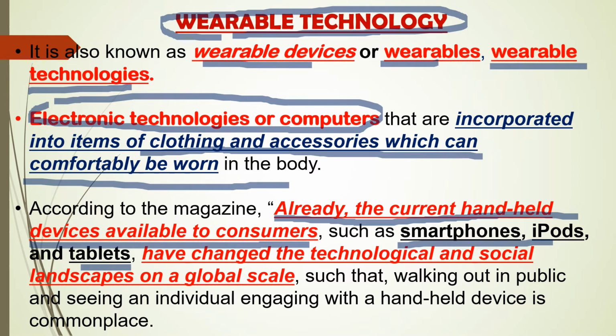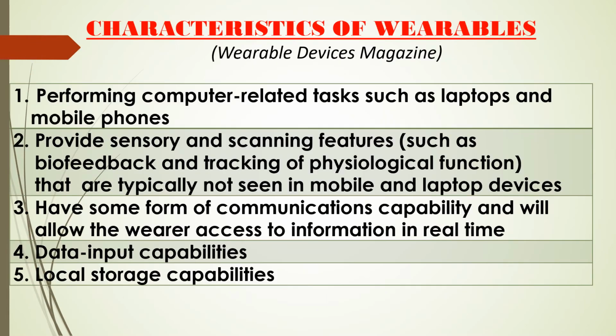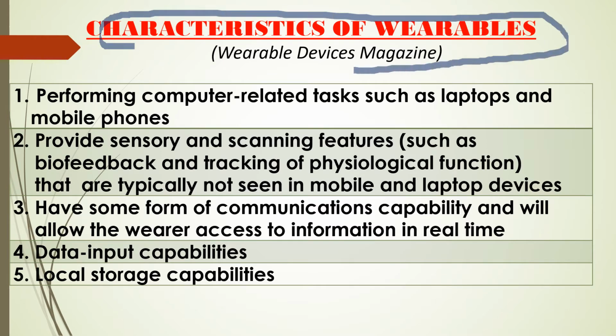Unlike noon, 'di ba, yung mga cellphone noon, ginagamit lang ito para makapag-text or makipag-communicate with the other people. Pero dahil sa mga pag-upgrade nila sa technology that we have, nagagamit na rin natin ito para makapag-access sa different browser including our social media application. So these are the characteristics of wearables according to Wearable Devices magazine.